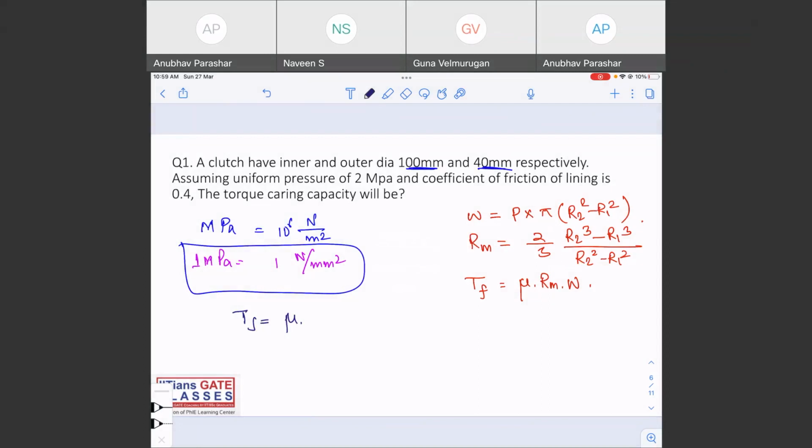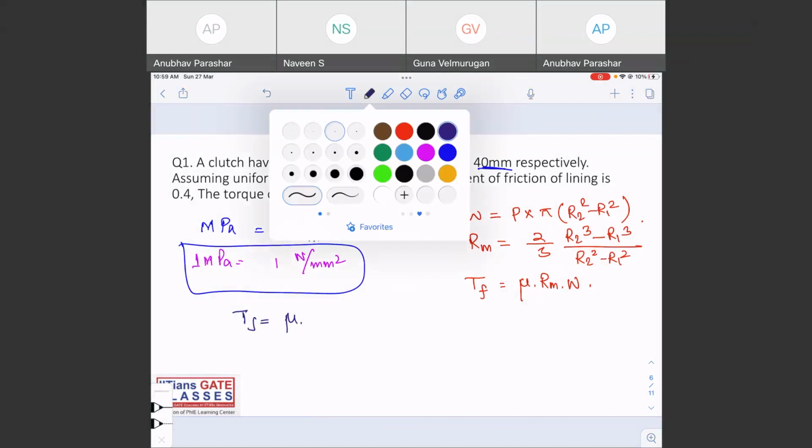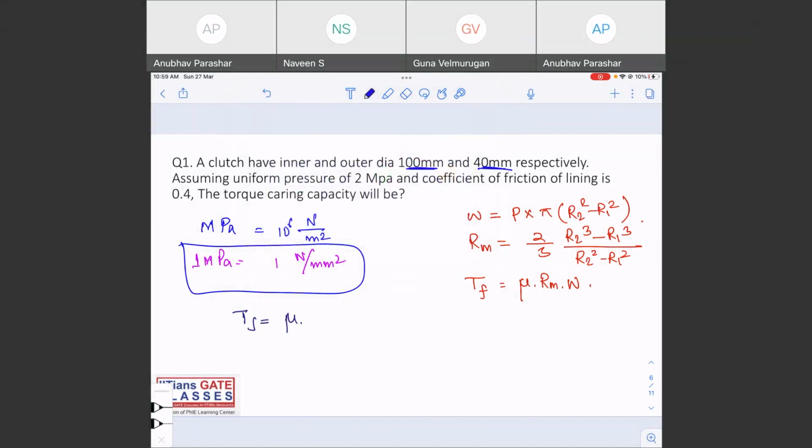So I can directly write it as 2 by 3 into (R2 cube minus R1 cube) into pressure P into pi.